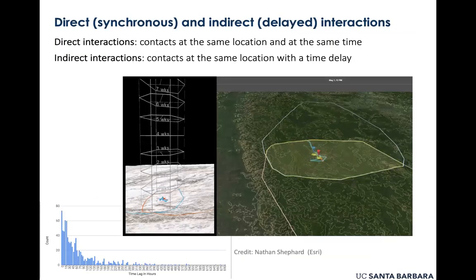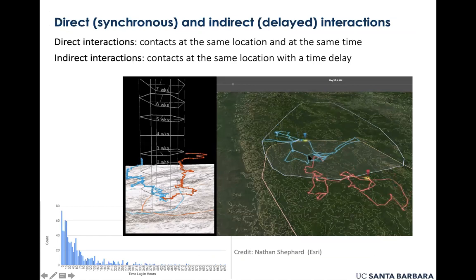Visually, direct or synchronous interaction is when contact happens at the same time at the same location. For example, these two tigers come into close proximity of each other at the same time in their shared space. Indirect or delayed interaction happens when the contact happens after a delay. So this tiger comes to the same location of the other tiger after a certain delay in time.